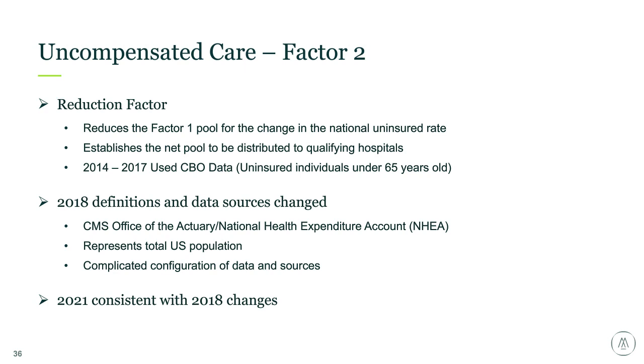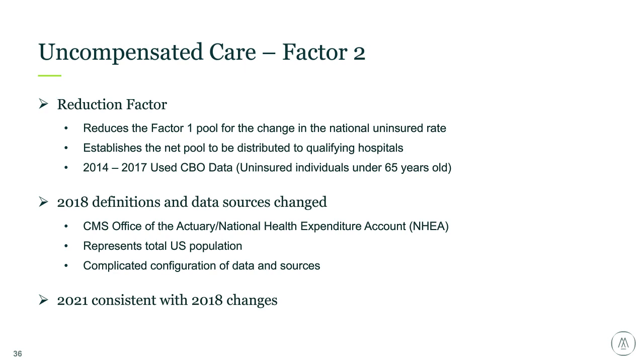So as with the comments received on the proposed Factor 1, the majority of comments discussed the proposed Factor 2 related to the COVID pandemic. So stakeholders urged the Office of the Actuary to update its projections of the rates of uninsured for 2020 and 2021.